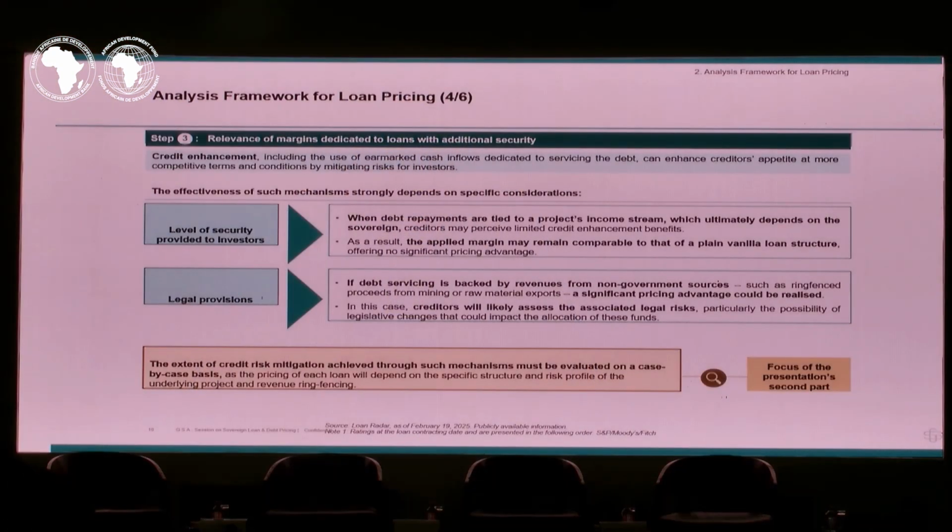So now we saw when these credit enhancement mechanisms are indeed effective, but when are they not? On the contrary, if the revenue ultimately depends on the sovereign, then the pricing benefit from this credit enhancement mechanism is limited, because the investors don't particularly see an additional value that comes from these additional securities.